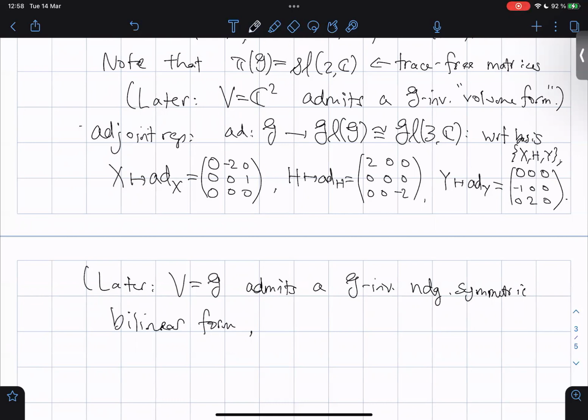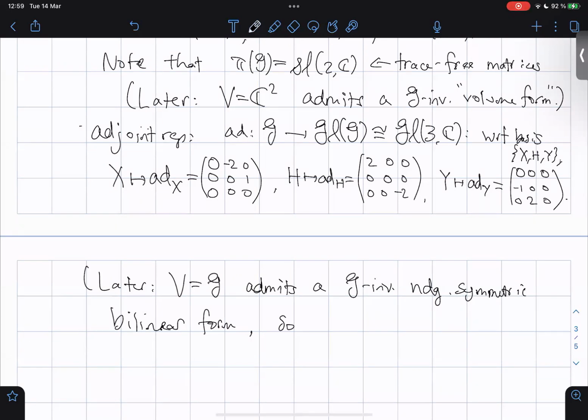So we have a G-invariant bilinear form, and you've seen earlier in the course that a bilinear form defines the so-called orthogonal group, special orthogonal group, of linear transformations that preserve that bilinear form. The Lie algebra there is so-called SO3.